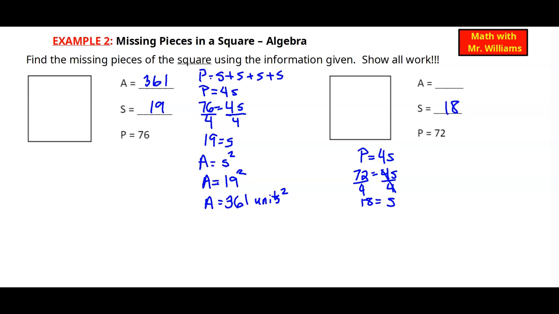Then we use our area formula. Area equals side squared. Substitute in the 18. And that means 18 times 18, which will get us 324 units squared.